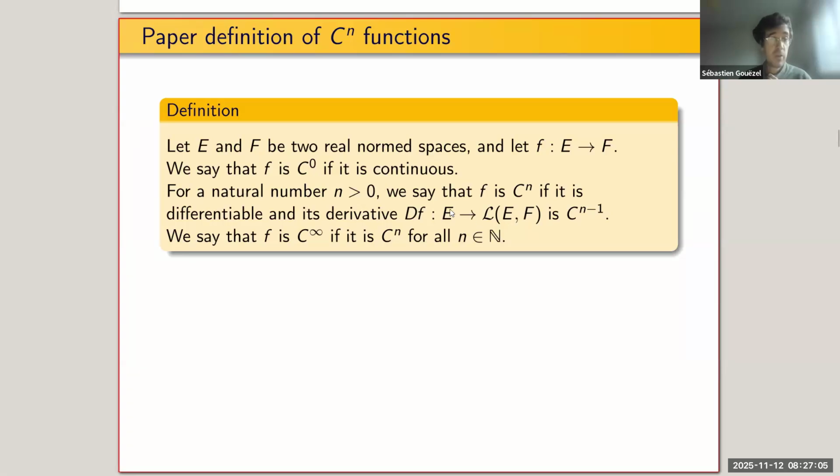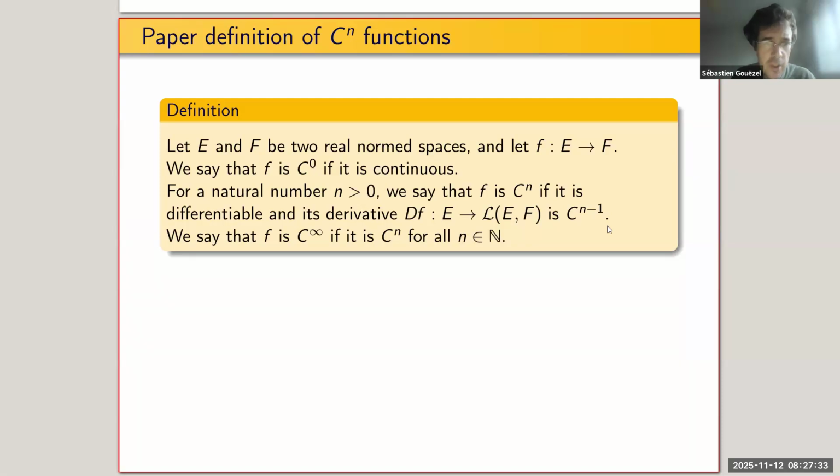Since it's a map between real normed vector spaces, and I'm doing an inductive definition, I can use my definition at step n-1. So I will say that f is Cn if it's differentiable and the derivative is Cn-1. And finally, we say that f is C infinity if it's Cn for all n. That's the standard inductive definition of a Cn function.